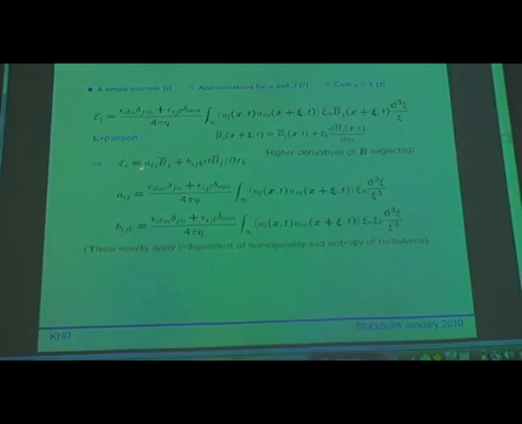not only for homogeneous isotropic turbulence. You can expand E under this integral in this way. This is the same procedure as I did before, and you get then a representation of the mean electromotive force in this way, and with these values for the Aij and Bij.